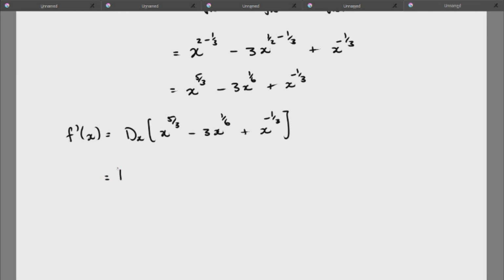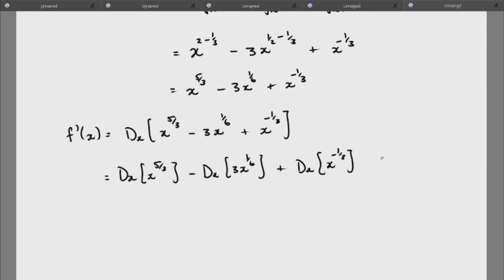First property that allows me to look at one term at a time is the sum difference property. So though you may be tempted to merge some properties and do them at the same time, I don't want to do that right now. Sum difference property.